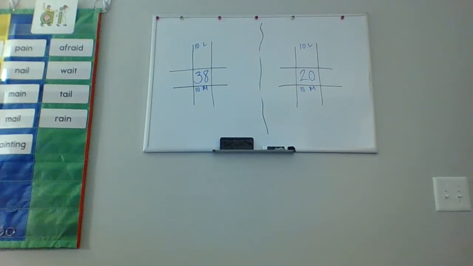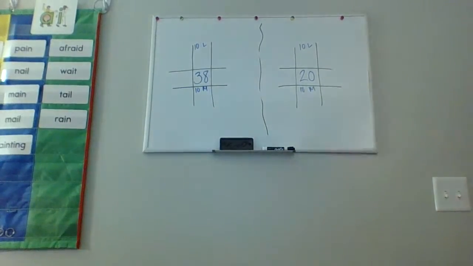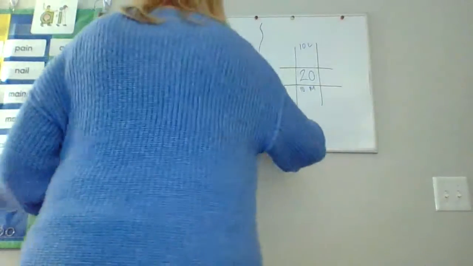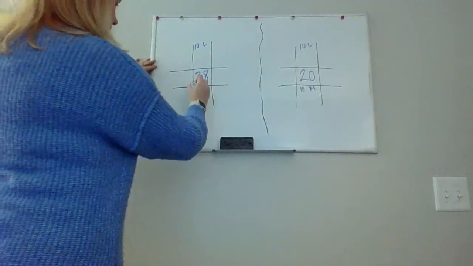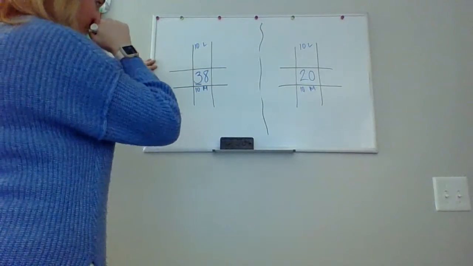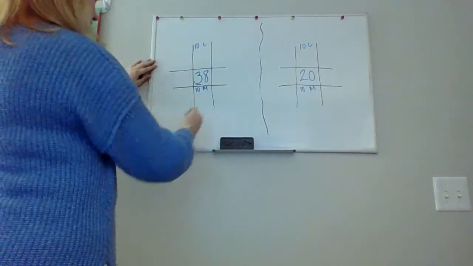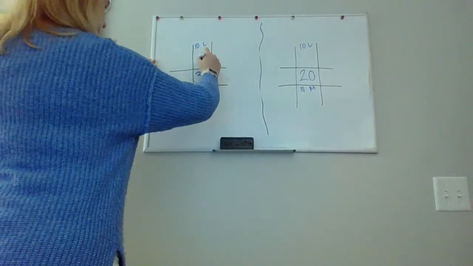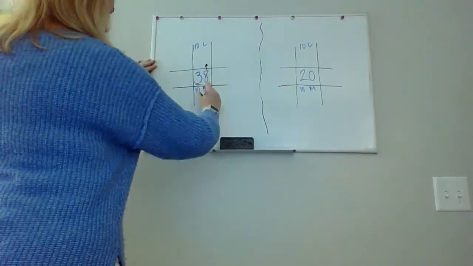Give me your best squishy face when you finish. This is tricky stuff. Don't forget, when we're doing 10 more, 10 less, we're only changing the tens place. This is the only place for 10 more, 10 less that's going to change. The tens place is going to change. The ones place is going to stay the same.